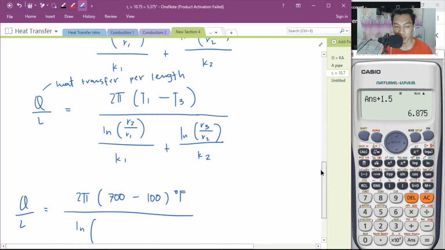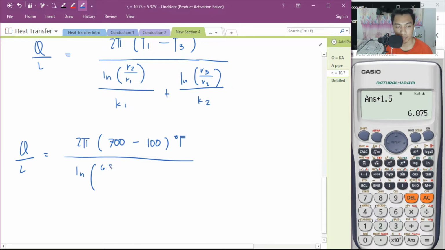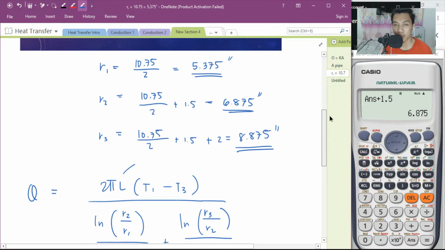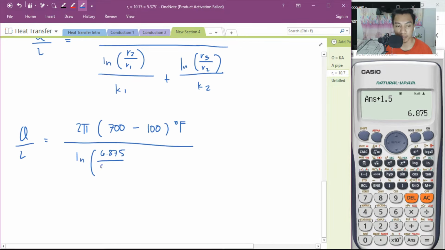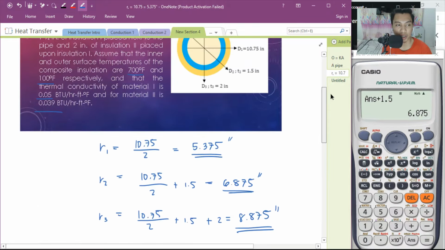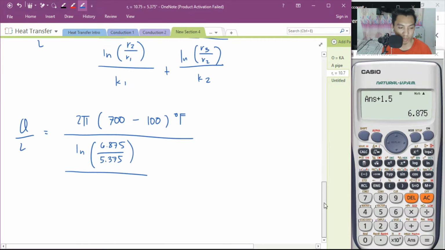R2 is 6.875, yung sumunod, 5.375, divided by K1. K1 is 0.05 BTU per hour feet degree Fahrenheit.